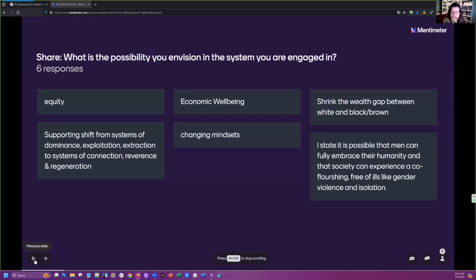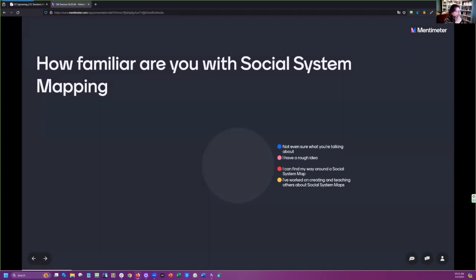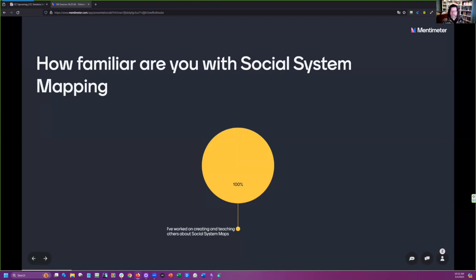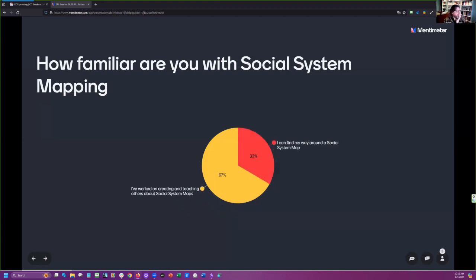All right, curious to know with everybody in the group, we go on to the next slide, how familiar you are with social systems mapping. Just want to take a pulse of where we're at as a group today so that we are tuned in well to the individual organism of this group as an entity.